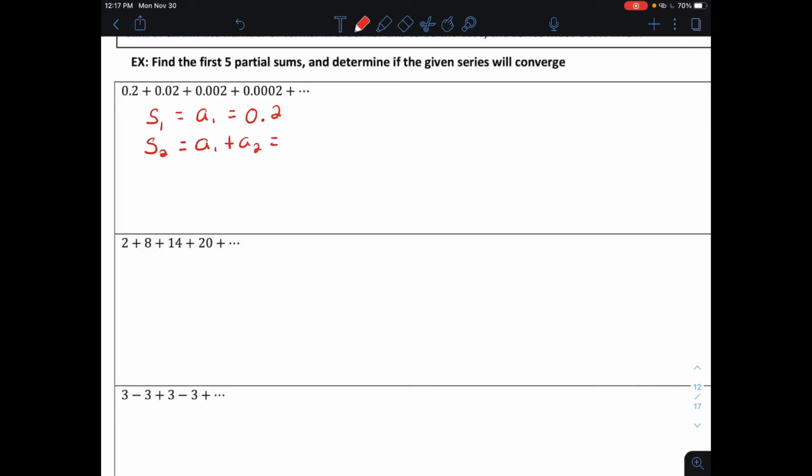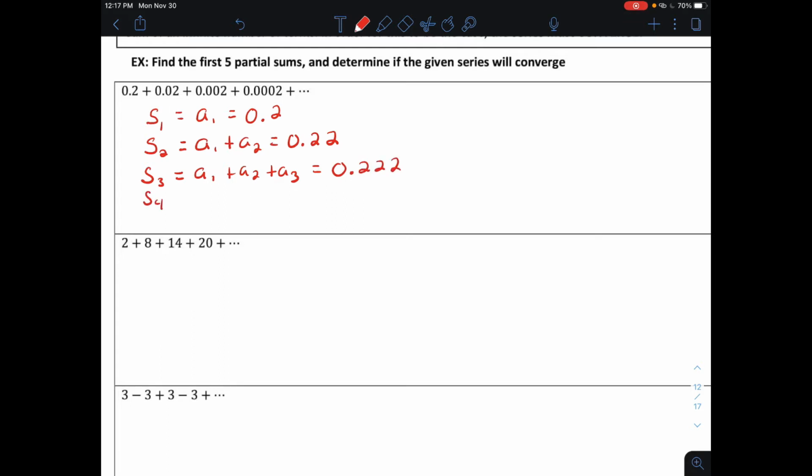So if I add the first 2 terms together, we're going to wind up getting 0.22. The third partial sum is going to be the sum of the first 3 terms, a1 plus a2 plus a3, which is going to be 0.222. And you see where this is going.